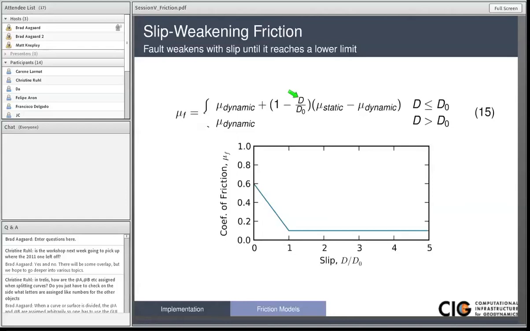In dynamic simulations, generally we want this weakening to occur over many time steps, and so what this means is that we don't have this sort of reset or stick slip behavior. The fault will remain slipping as long as it is, with the coefficient of friction at the dynamic level.